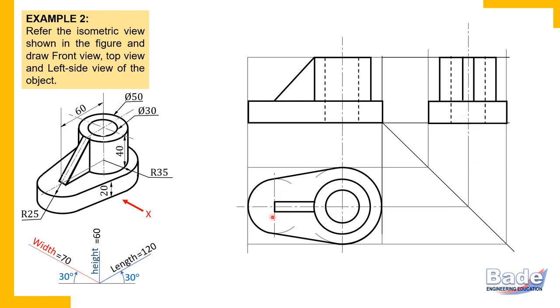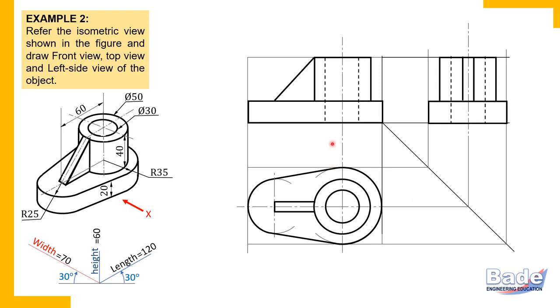Instead, the 10 millimeter width of this plate is vertical in the top view and appears horizontal in the side view. So you can measure 10 millimeters horizontally here independently instead of drawing this projector. So measure 10 millimeters, and between these two horizontal end projectors, you complete that rectangular strip in this manner.